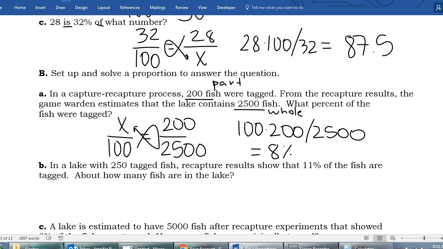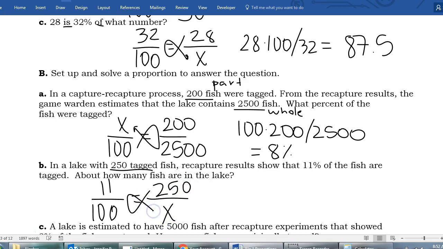Letter B, in a lake with 250 tagged fish, recapture results show that 11% of the fish are tagged. About how many fish are in the lake? I have 11%, so I'm going to throw 11 over 100. I have 250 tagged. Tagged represents my part, so it's going to go on the top, and I'm trying to figure out how many fish in the whole lake.